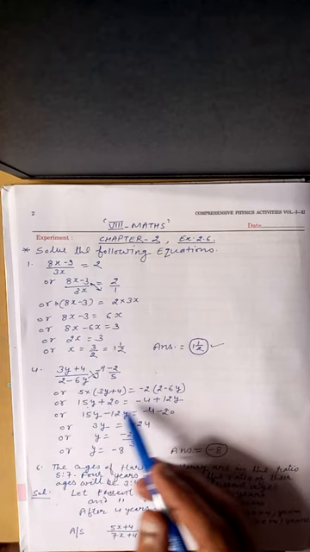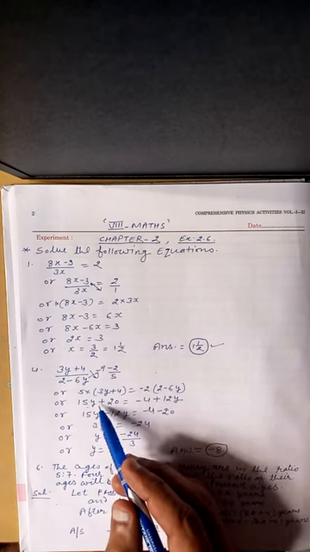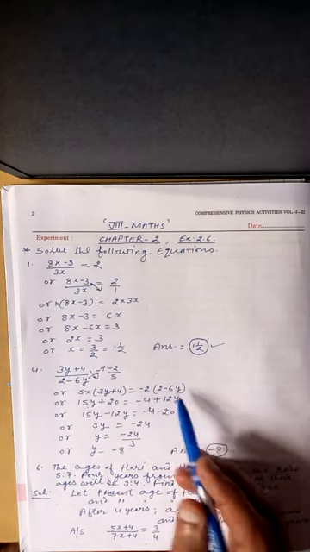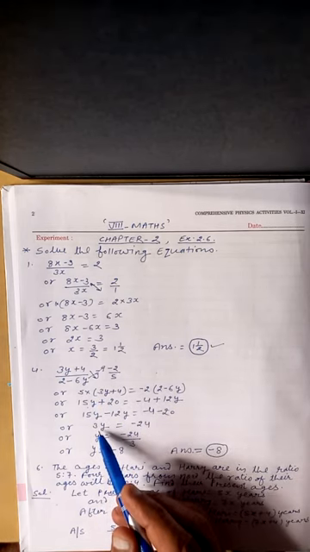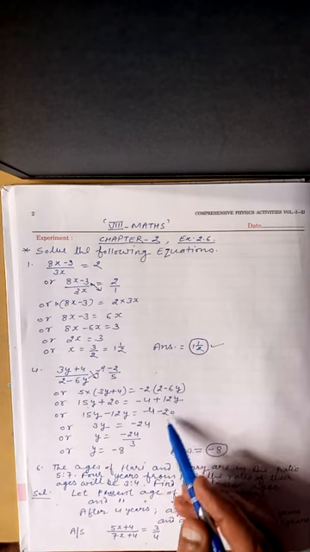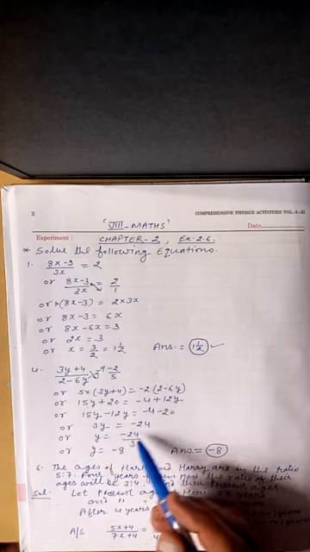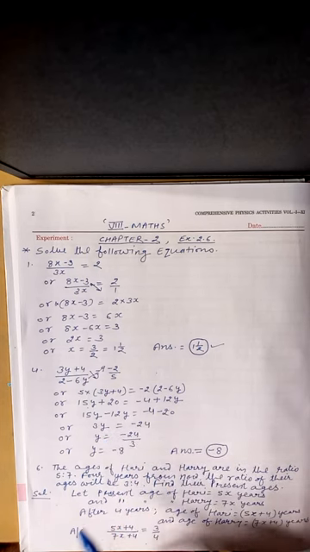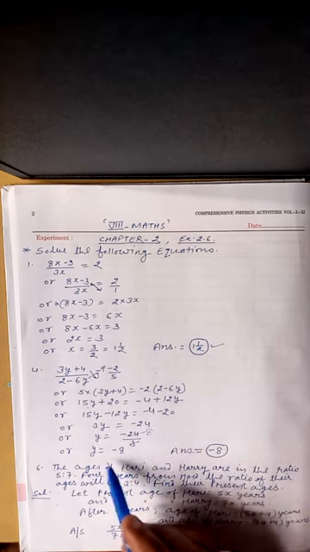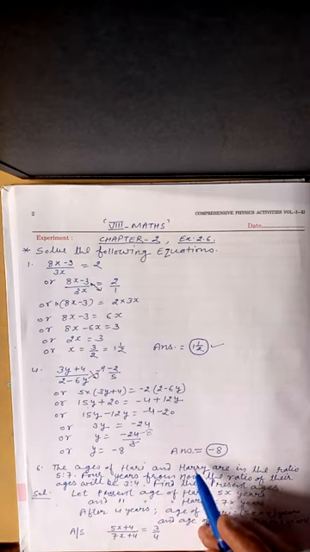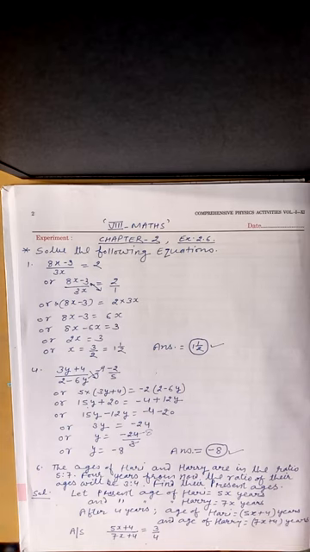Here 15y and 12y will be minus 12y is equal to minus 4 and plus 20 will be minus 20 on transferring to the right hand side. 15y minus 12y, that is 3y, minus 4 minus 20, that is minus 24. y is equal to minus 24 divided by 3. y is equal to 3 8s are 24, minus 8. Therefore the answer is minus 8. Hence the solution of this equation is minus 8.